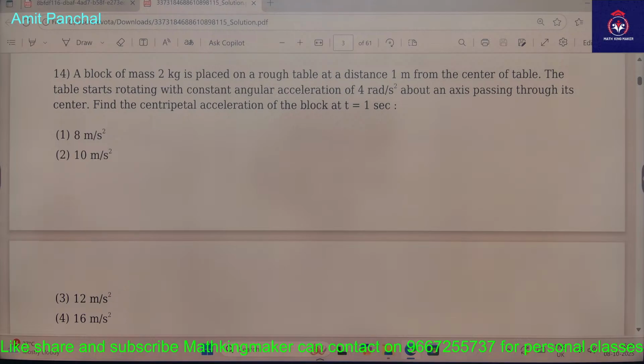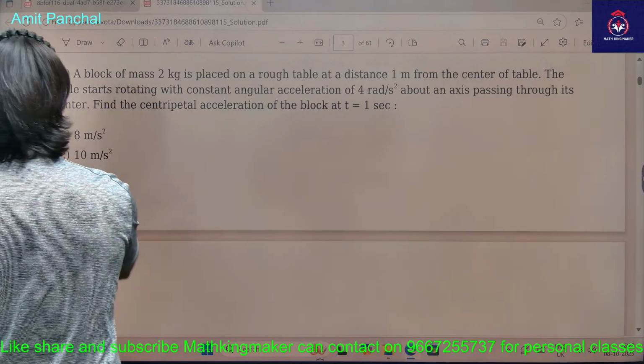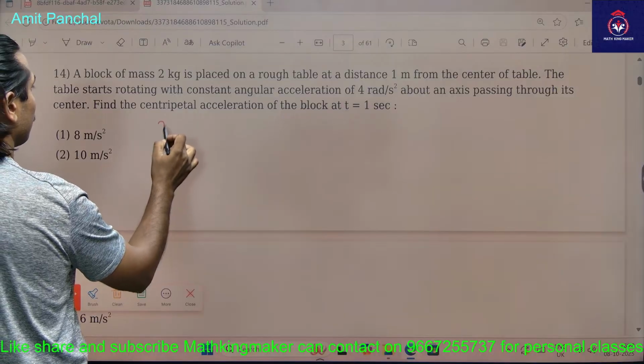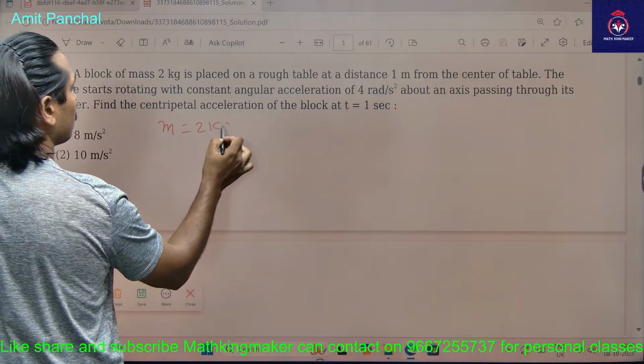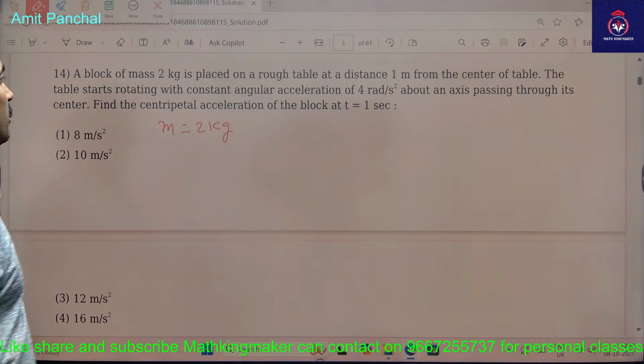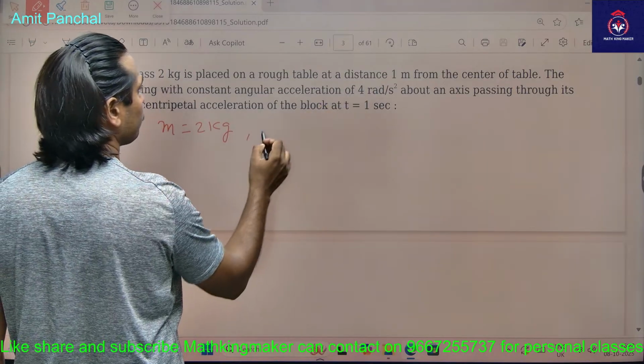So what formula will be used in this case? Just note down what values are given. Mass of the block is given to you. M is 2 kg. First of all, write down everything whatever is given. Distance is 1 meter.